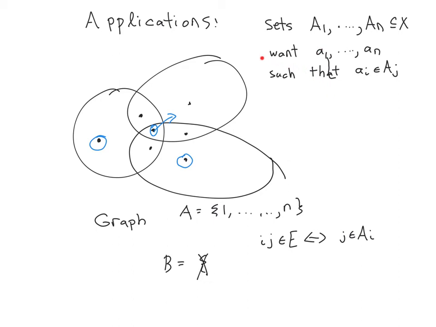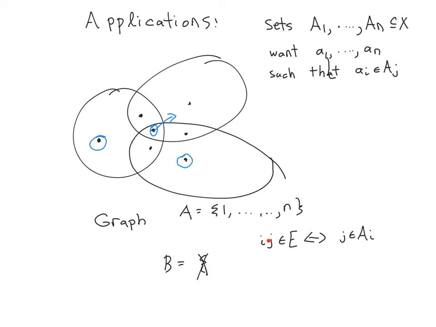And the way Hall's marriage theorem is understood now, and the way we solve his original problem, is we make the following bipartite graph. One part consists of the numbers 1 through n, indicating the sets from your collection. The other part is just the elements.